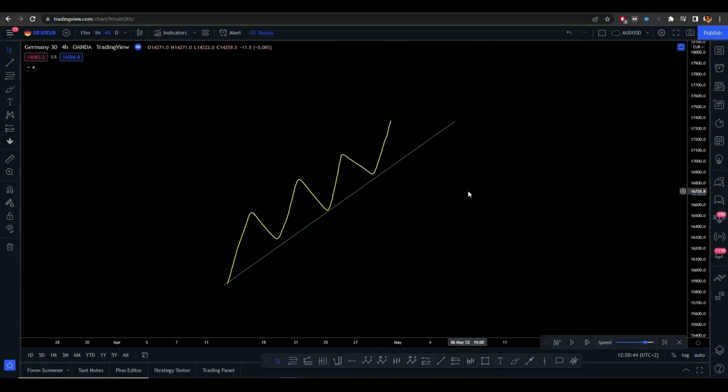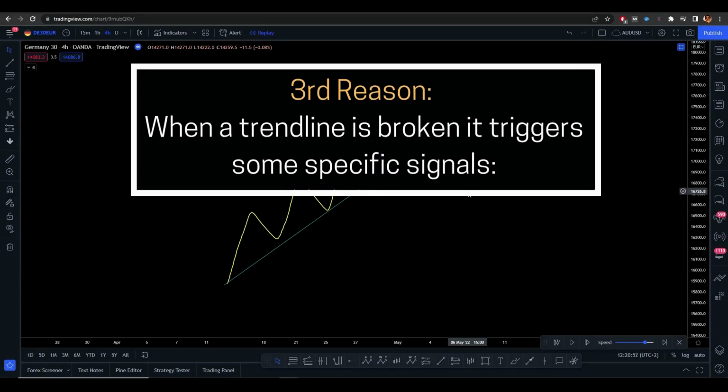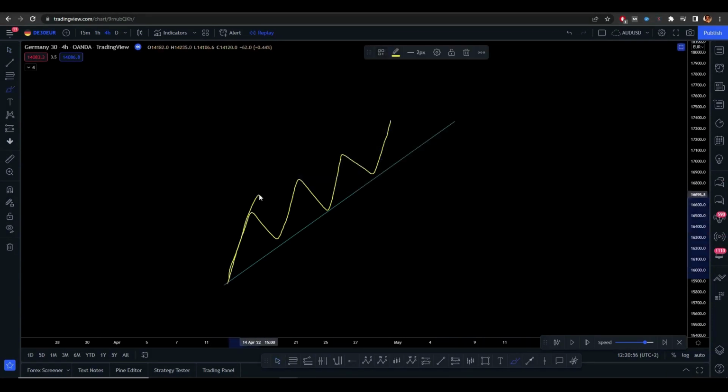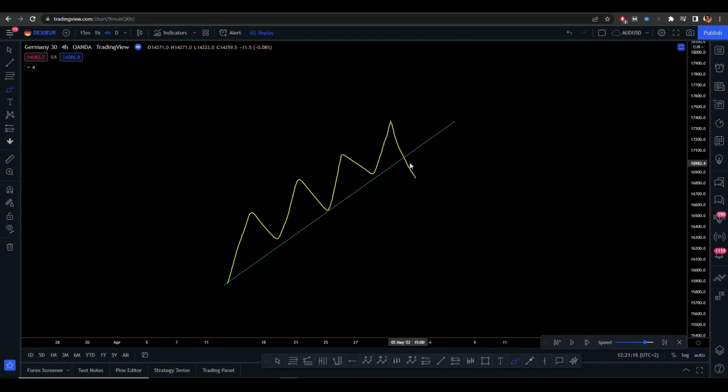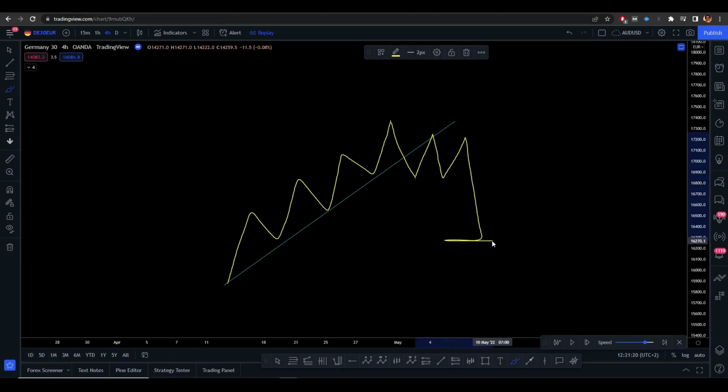Okay, let's take a look at the third reason. When a trend line is broken, it triggers some specific signals. Let's take a look at what happens. So we have an uptrend here, and we have a trend line here. When this breaks, the following thought process should trigger in your mind: either we have a bigger correction here, followed by a continuation of the trend, or when this break happens, we might get a correction here, but it reverses.